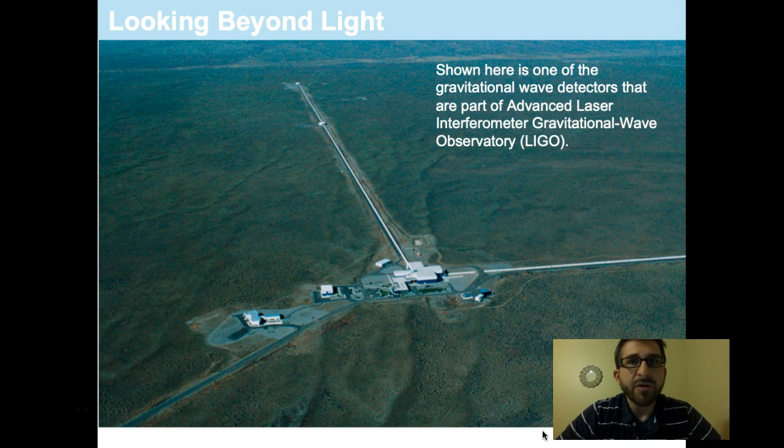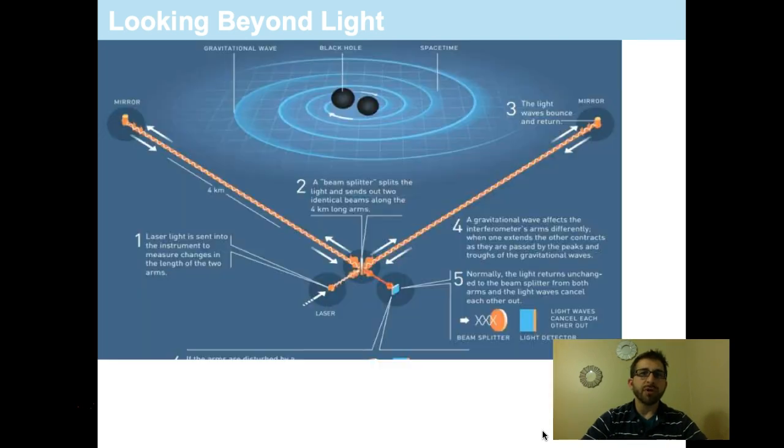But not up until the very recent future, within the last few years, have we been able to actually make an instrument sensitive enough to detect a gravitational wave. Welcome to LIGO. LIGO is the Laser Interferometer Gravitational Wave Observatory. And LIGO is actually not just one, but it's actually 2 different facilities.